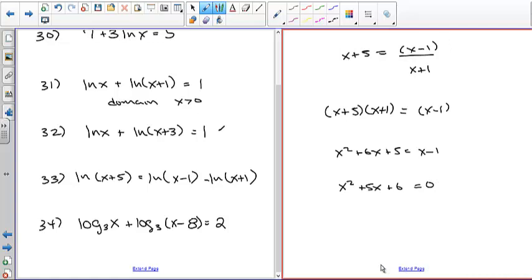Just thinking about factoring that one. Can we factor it? Well, using the quadratic formula, you'd have negative 5 plus or minus the square root of 5 squared minus 4ac over 2a.